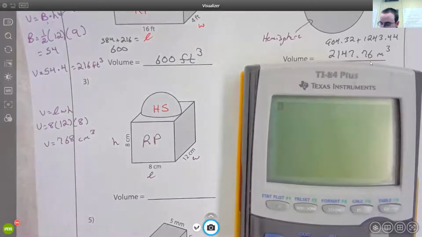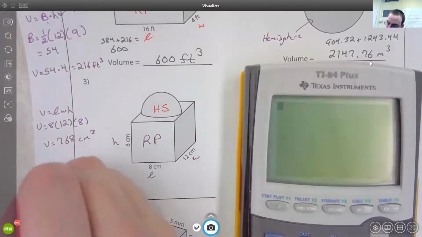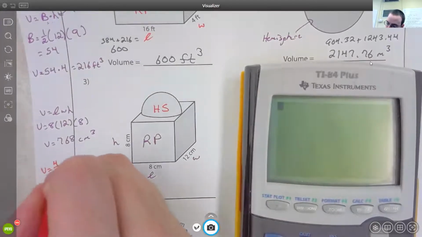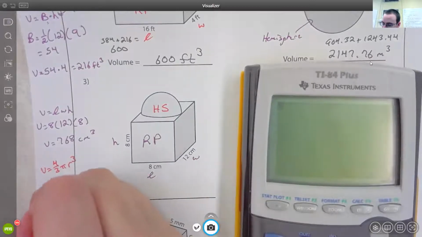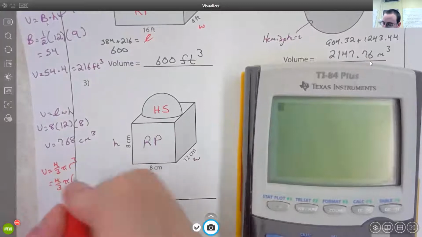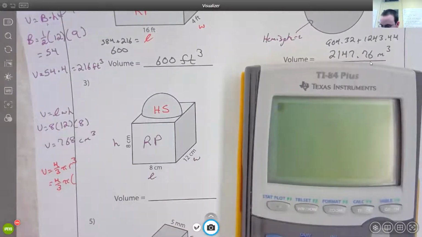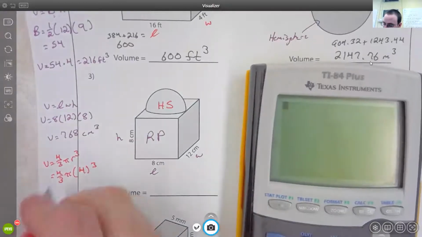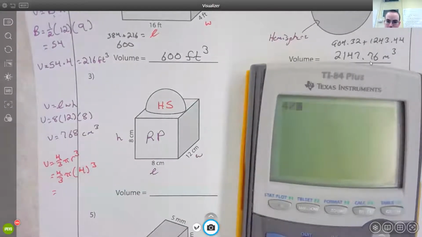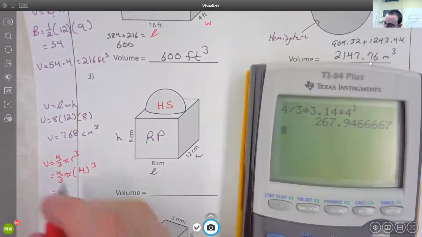So the volume of a sphere is given to us by 4/3 pi r cubed. So we get 4/3 times pi, r was 4 and then cubed. When we type all that in, make sure to use 3.14 for pi. We get 267.95.